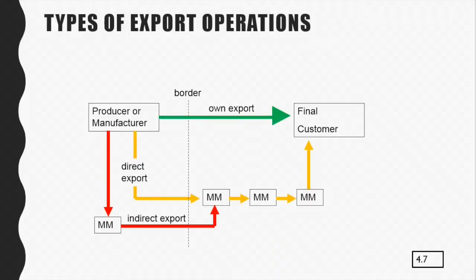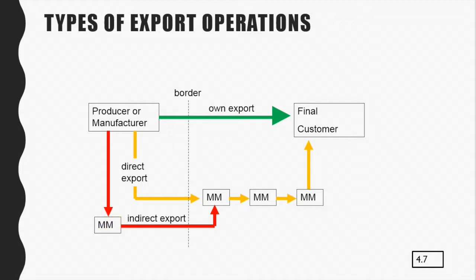So here we have the three types of exports. We have the one in red, that's indirect export. Then we have the yellow one, direct export, and the green one, own export. And you see the producer, the manufacturing company here, and then the customer abroad. Here we have the border, and MM stands for middlemen, of course.